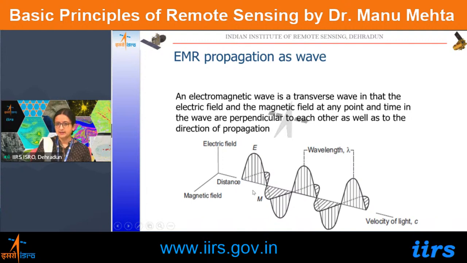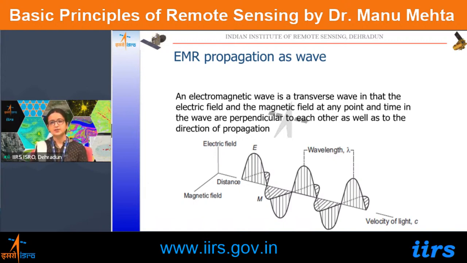The electric and magnetic fields will remain perpendicular to each other at all points in space as well as time, and the energy will flow in a direction perpendicular to both of these. So if this is your electric field and this is your magnetic field, the energy will flow in a perpendicular direction. So we have put here that an electromagnetic wave is a transverse wave.